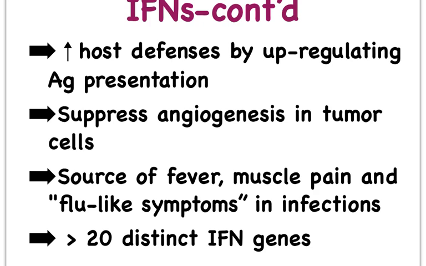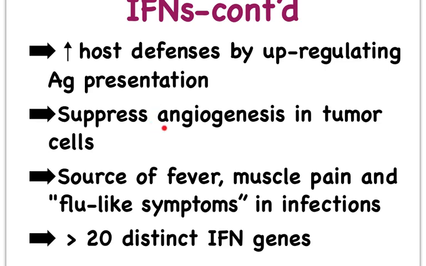They can also increase the defense mechanism of a host cell by upregulating the amount of antigen. They can also prevent the growth of blood vessels by tumor cells. Tumor cells, in order for them to be able to grow and divide, need nutrients, which means that they're going to secrete all kinds of factors to stimulate the growth of blood vessels around them.